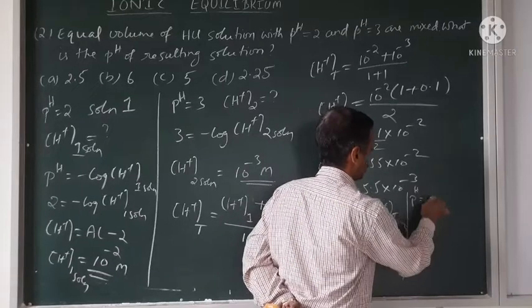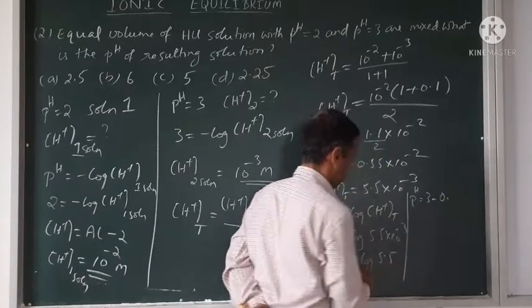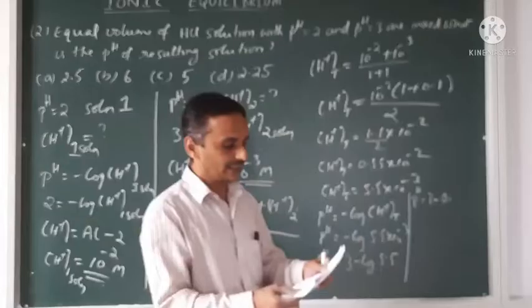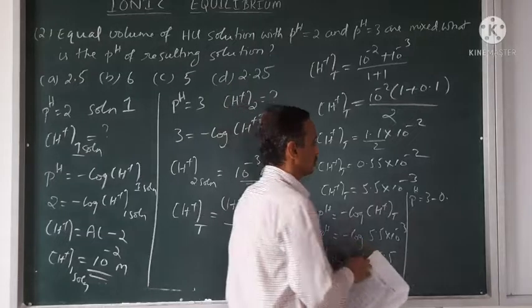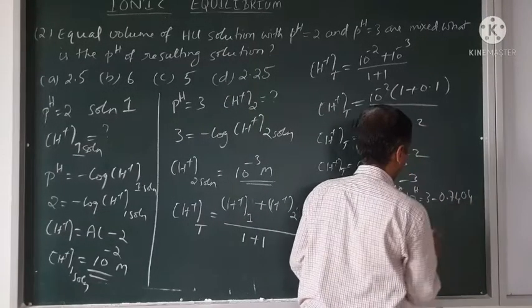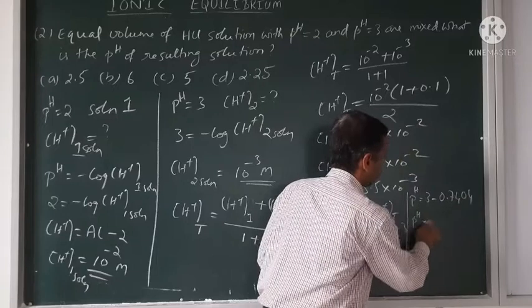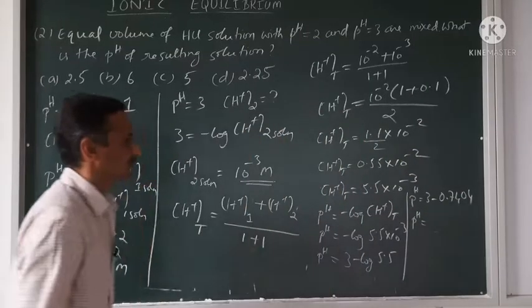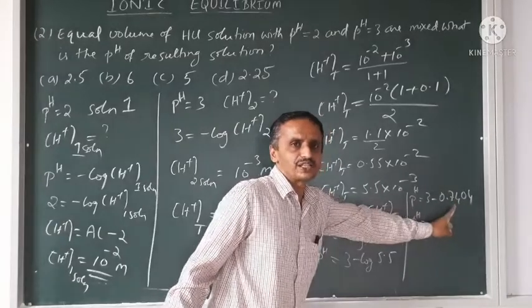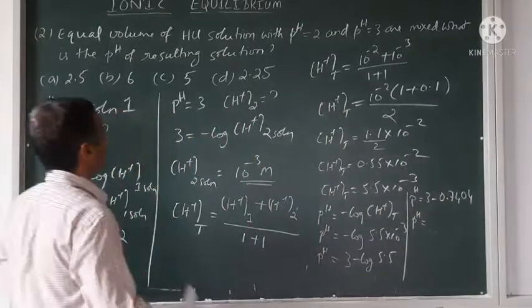pH is equal to 3 minus 0.5 is 0 as the characteristic, and 0.7404 is the mantissa. So pH is equal to, now see, 3 minus 0.75 is 2.25.